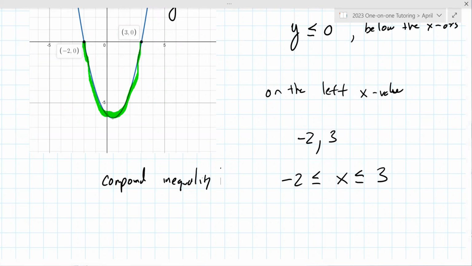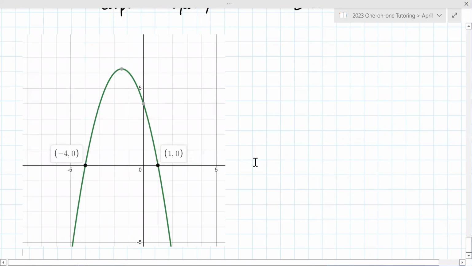Yeah. All right. Now let's do kind of a related one here. Let me change the color on this. All right, new question. So this quadratic is opening down.